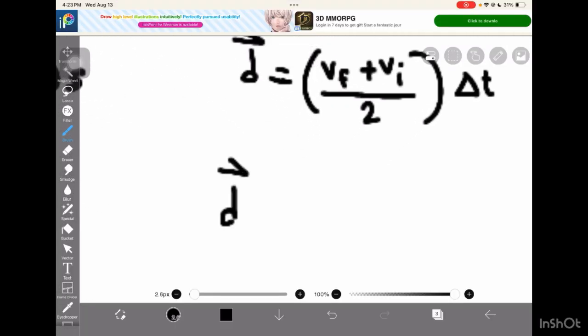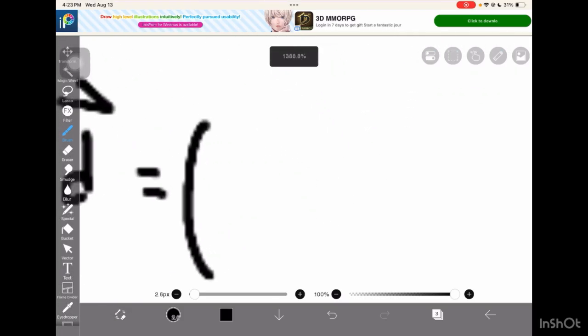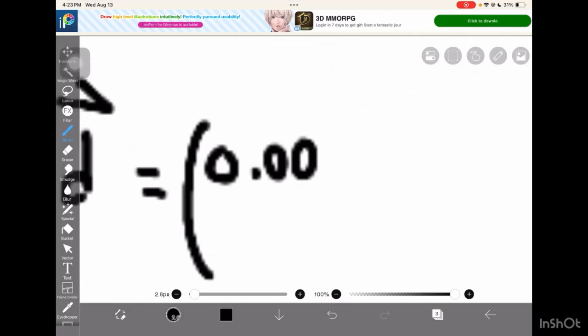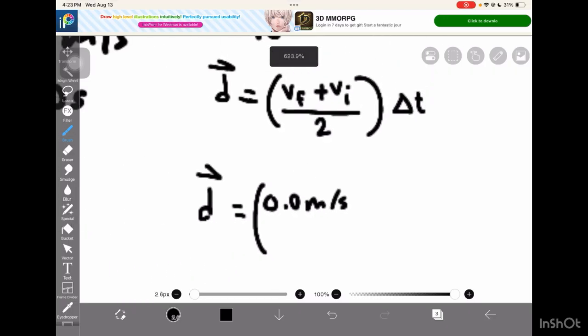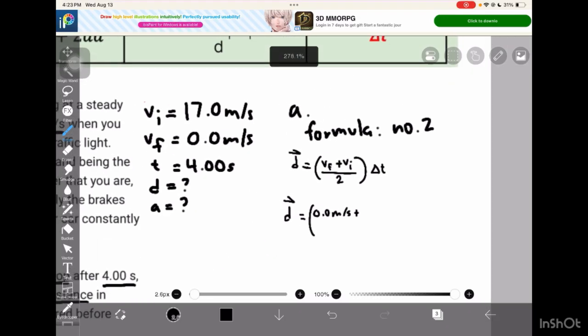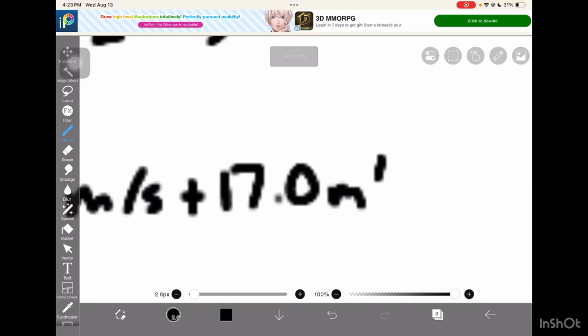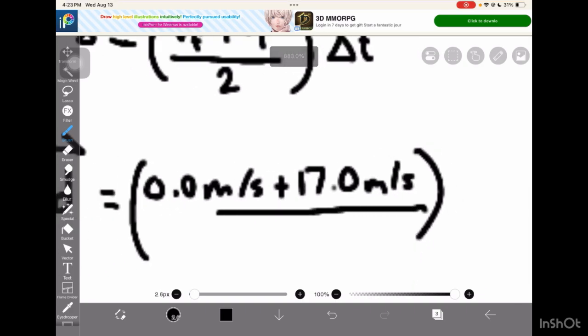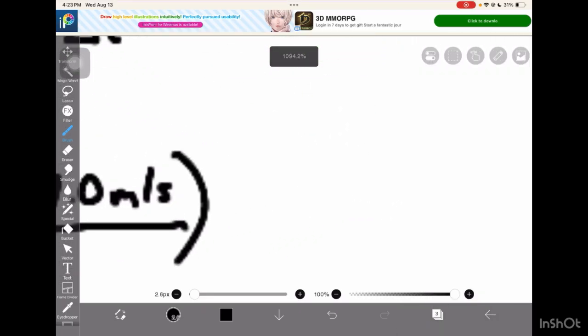V sub f is equal to 0.0 meters per second, plus 17.0 meters per second, all over 2 times delta t, which is 4.0 seconds.